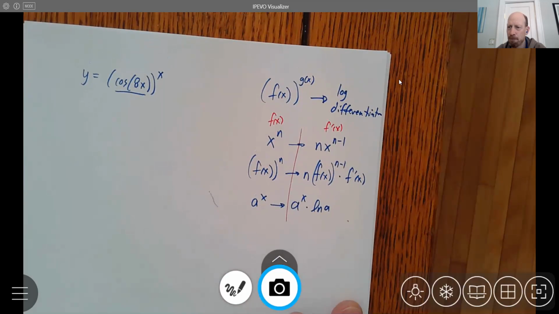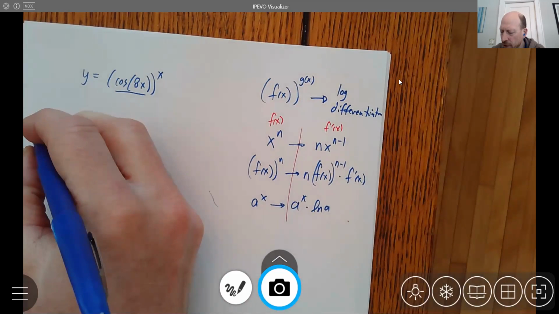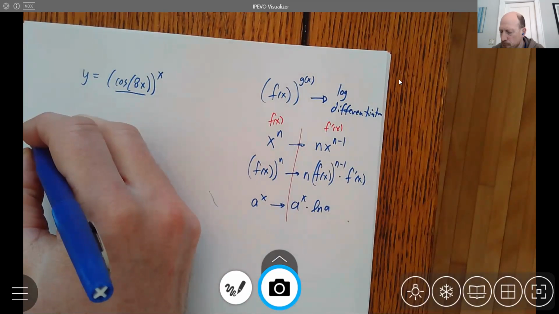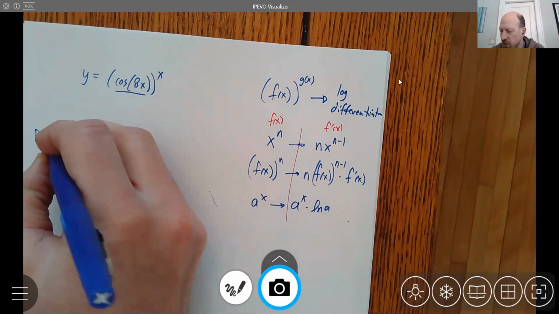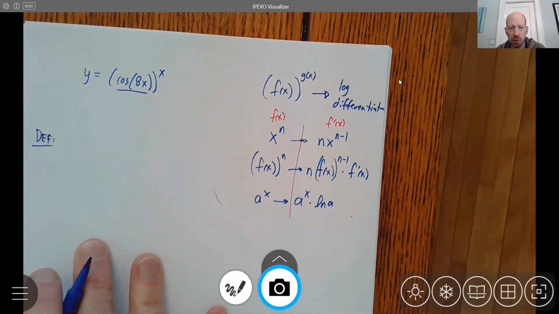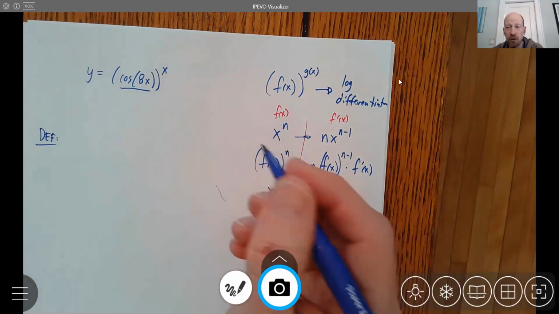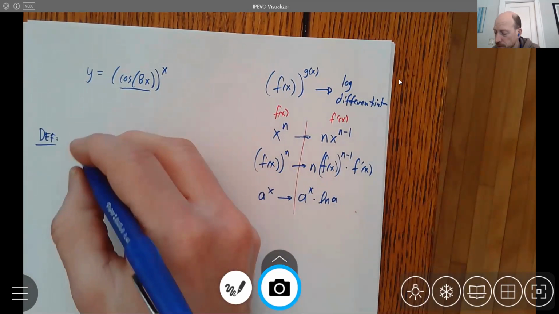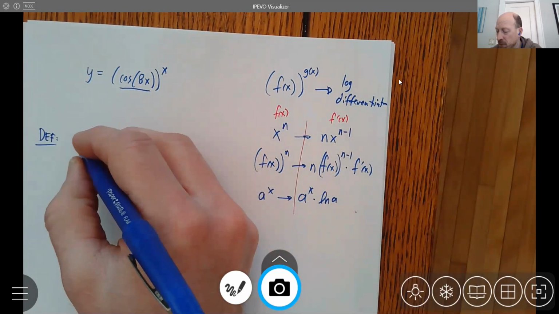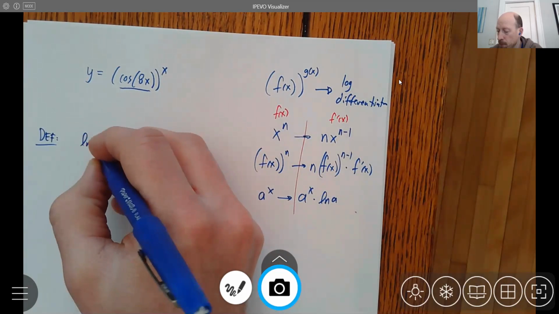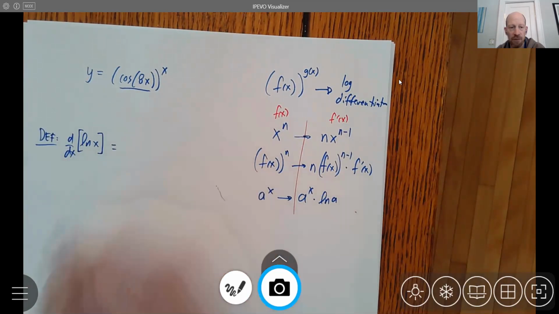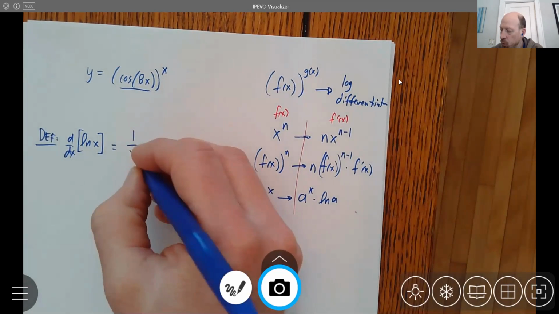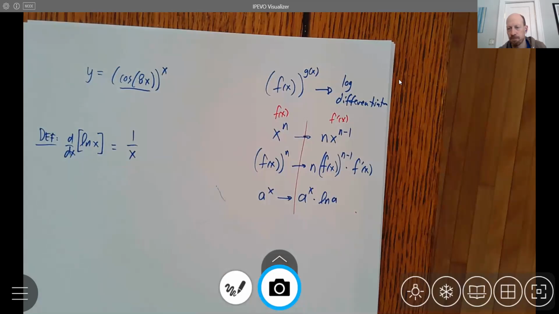And in order to use logarithmic differentiation, I need to give you a couple tools. Logarithm is a new kind of function. So the derivative of the natural log of x, it turns out, is 1 over x.